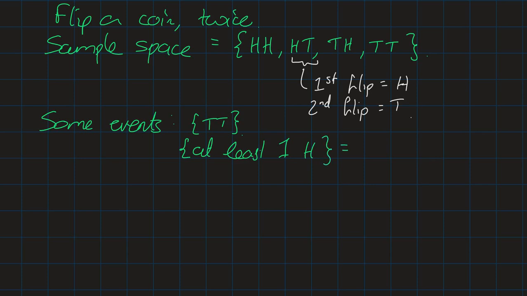And if you think about this, this is the same as heads-tails and tails-heads. It's just another way of writing this. Okay, so this is sample space and events. That's the end of this video.